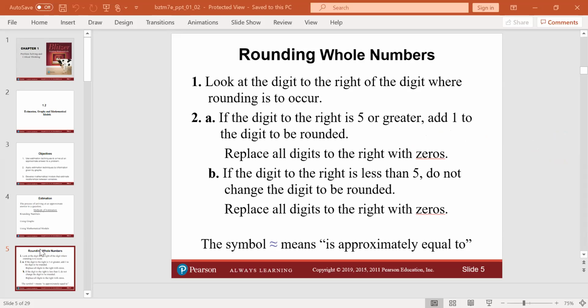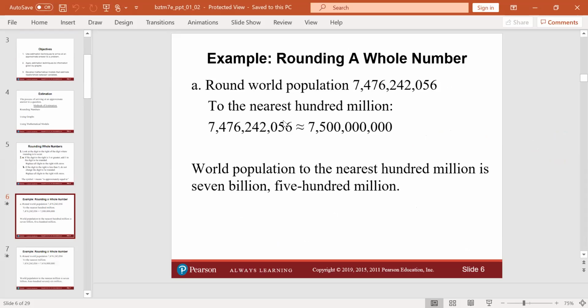So we should already be good at rounding. Maybe we'll go through a quick rehash. If we had the world's population at whatever time this was taken, 7,476,242,056, you probably don't need to go out to that much.